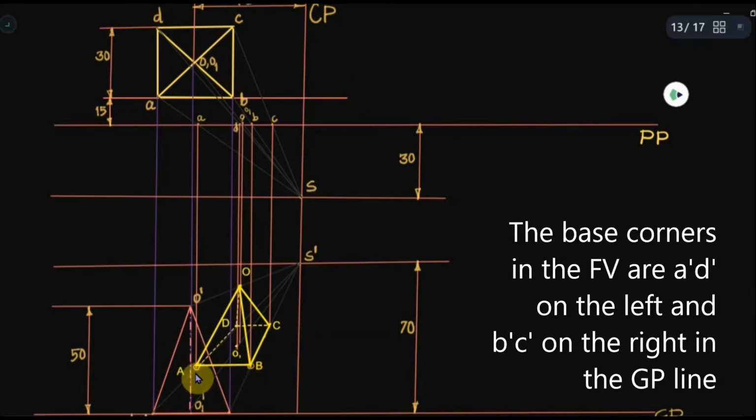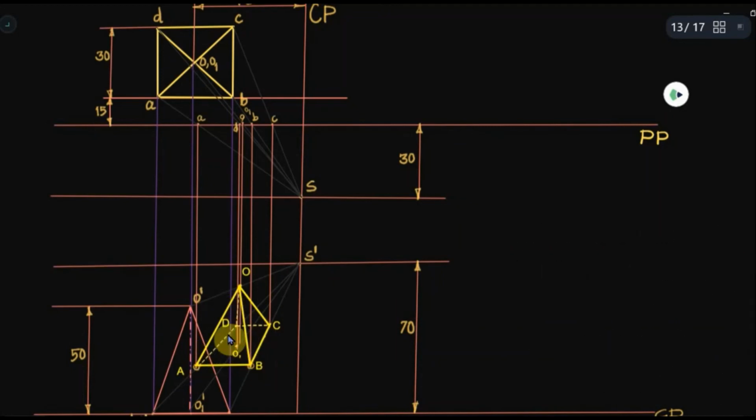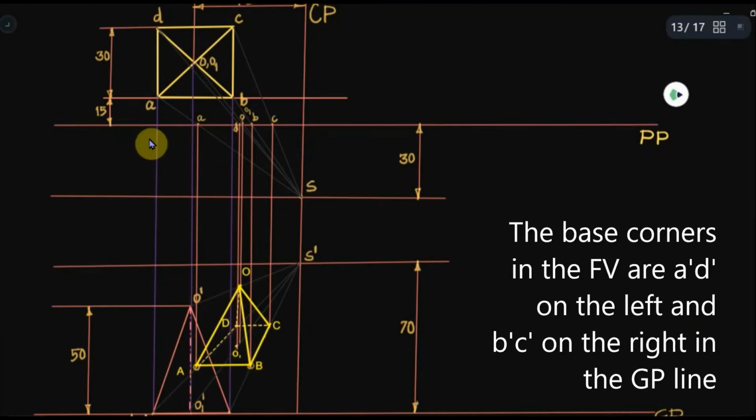Here the important point is the observer is able to see the lateral face on the right and the lateral face on the front. One more important observation is that the base edges which are parallel to the PP line will, in the perspective view, also be parallel to the ground plane line.